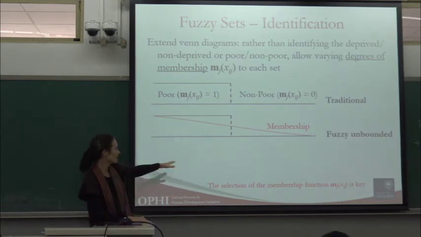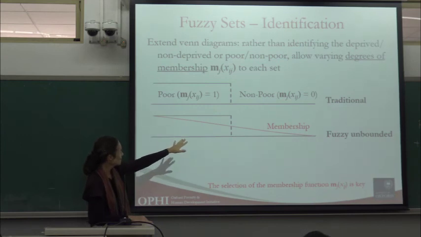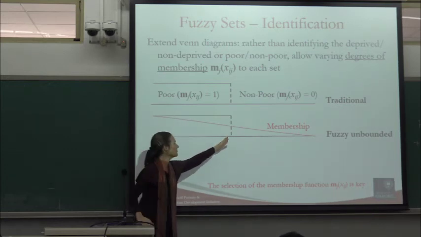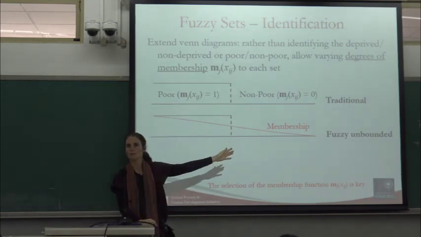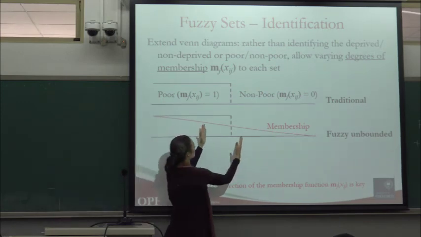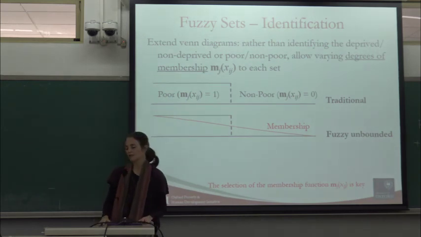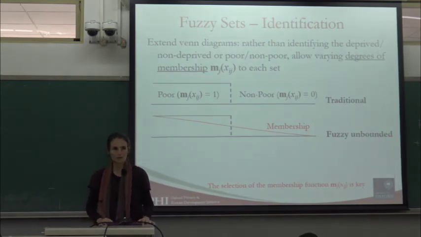Now you can do it for the entire distribution, as in this graphic, where we have a poverty line, but we're going over the entire distribution. But it's more common to set an upper bound and lower bound, and then across a band of poverty lines to set a membership function.